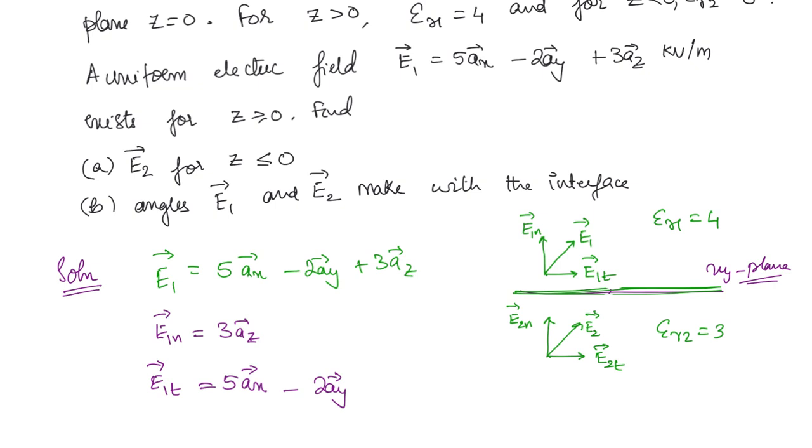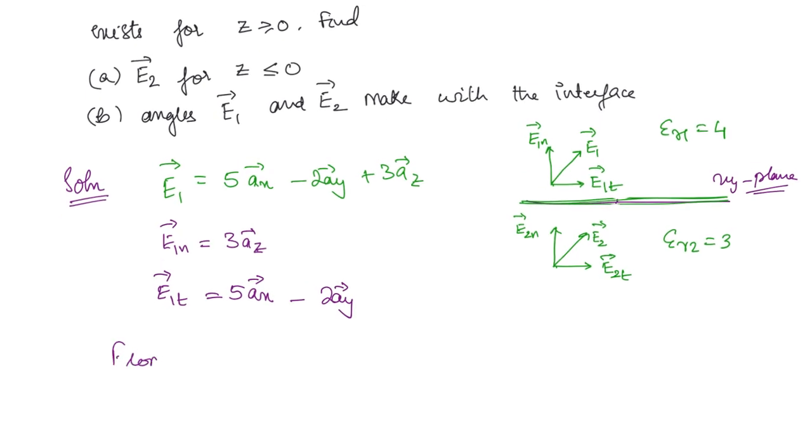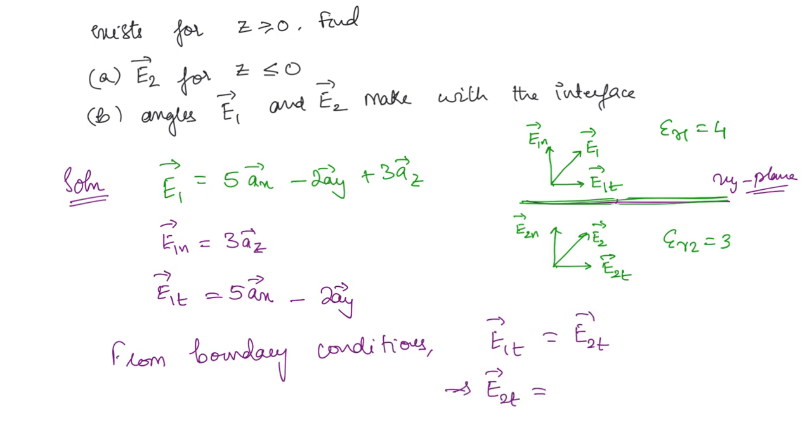Now from the boundary conditions, the tangential components will be the same for the electric field. So from boundary conditions we can write E1t bar is equal to E2t bar. This implies that the tangential component of the second medium is nothing but 5ax bar minus 2ay bar. So this is the first one.